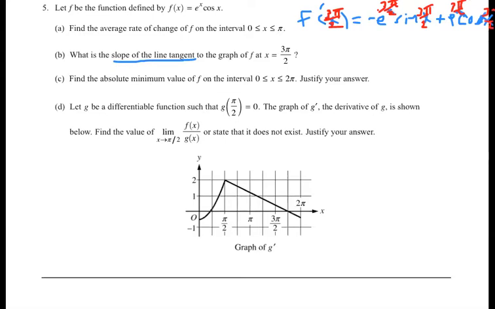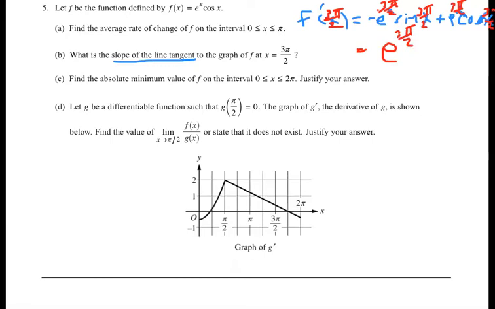Now, that's supposed to be good enough, but if we simplify that all the way down, 3 pi over 2, I hope we all know, is 270 degrees. So the sine of 270 is -1. So -1 times a negative e to the 3 pi over 2 is e to the 3 pi over 2.